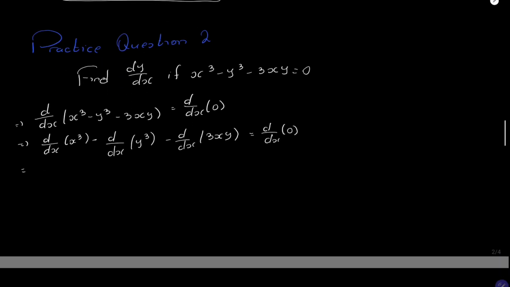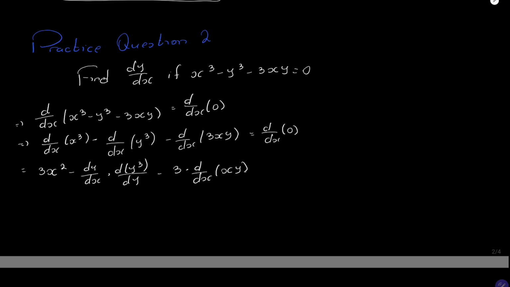So what's the derivative of x cubed? It gives us 3x squared, minus the derivative of y cubed, which is dy on dx times the derivative of y cubed with respect to y, minus the derivative of 3xy, where we have 3 outside, times the derivative with respect to x of xy, equal to the derivative with respect to x of 0, which is 0.